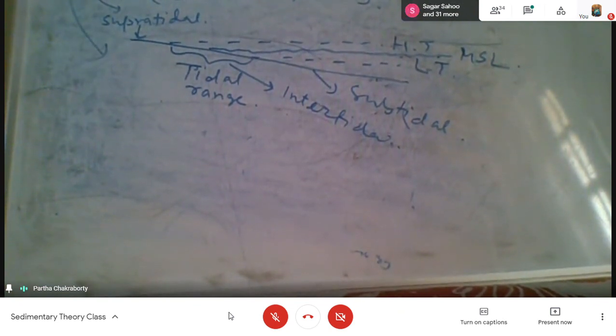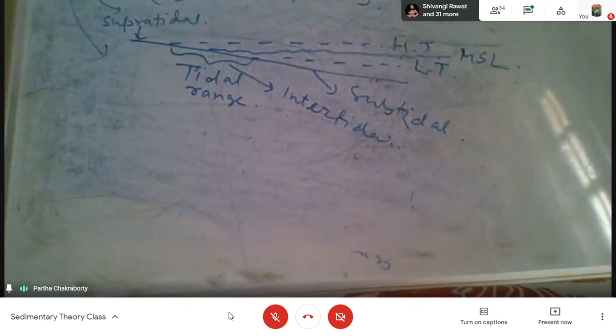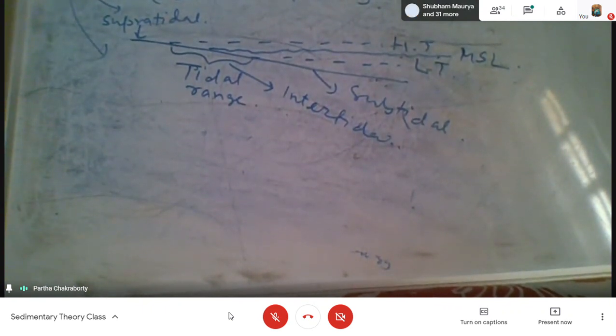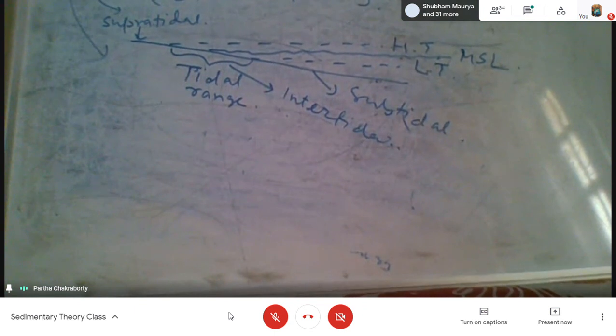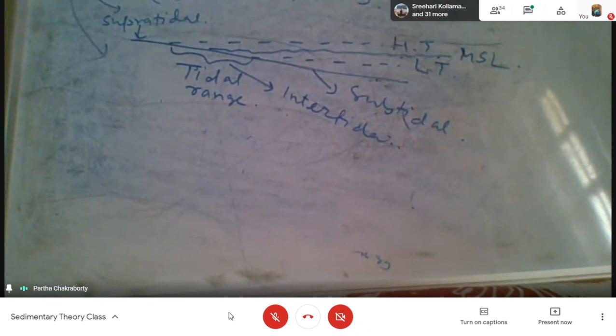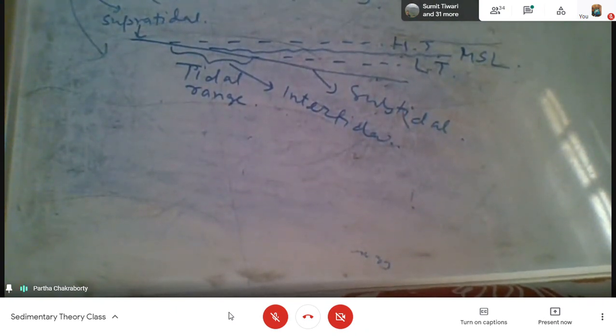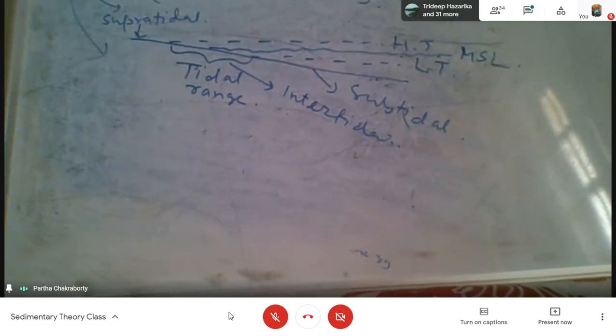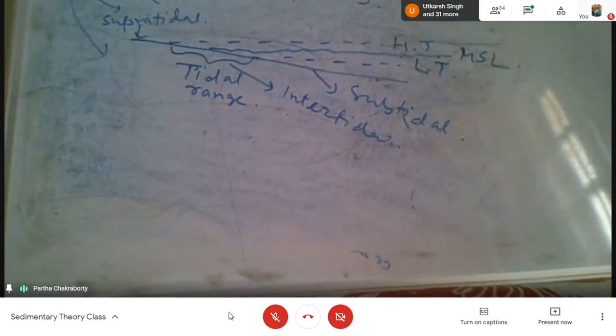You can have even a channel there in the supratidal. Now intertidal, every day it becomes submerged and immersed. At high tide it is submerged and at low tide it is exposed. So you will get the occasional features of desiccation, but also the action of tidal processes. So intertidal is a mixture of desiccation and tidal action, both.